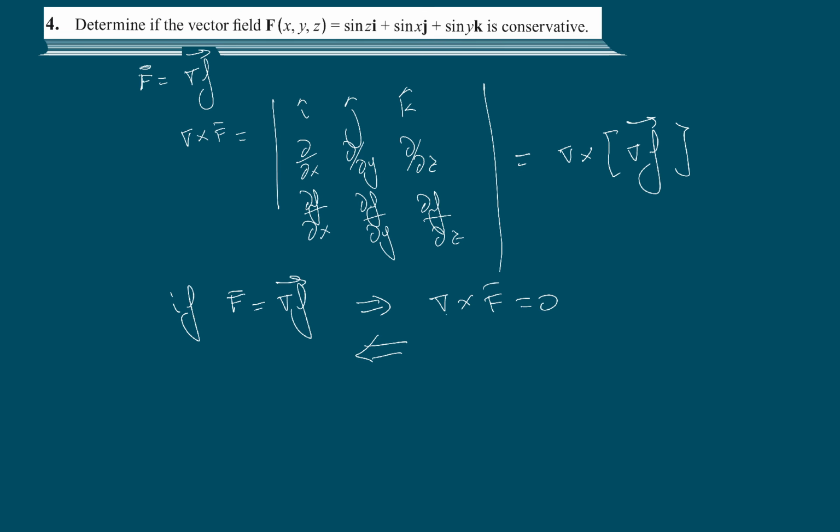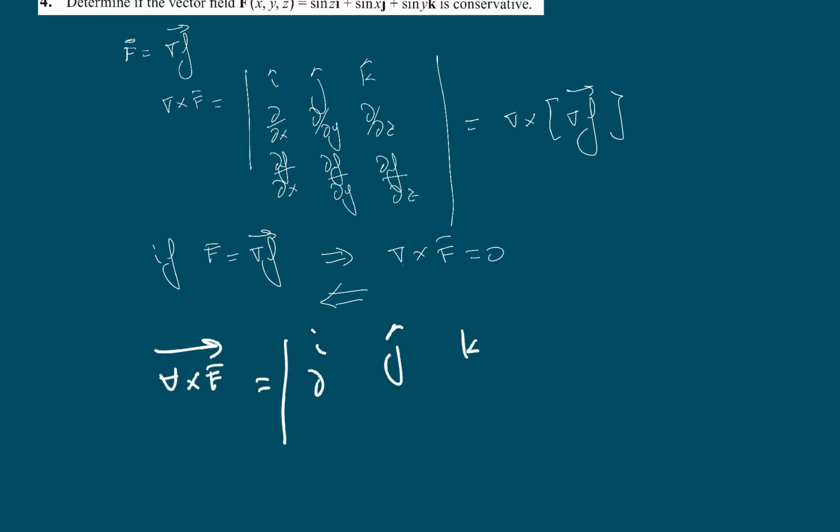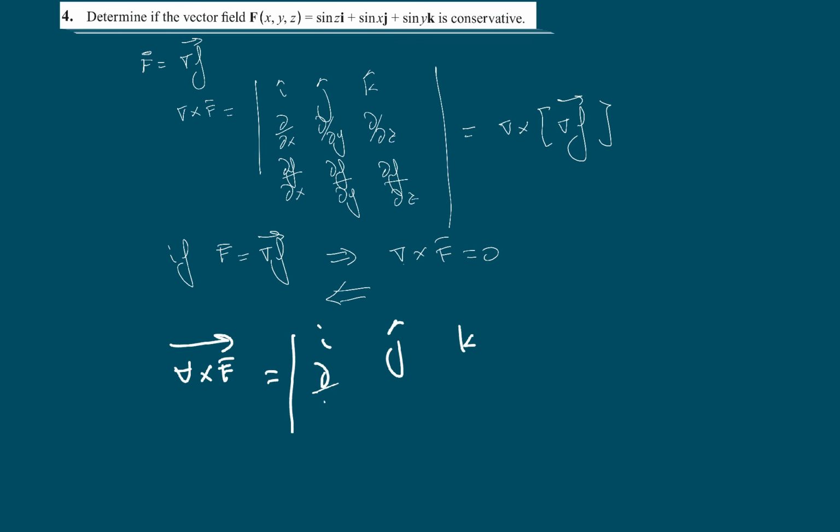So let's do it. i, j, k, so the curl of F will be a new vector field: i, j, k, partial derivative with respect to x, partial derivative with respect to y, partial derivative with respect to z, and the components of F involving sine of x and sine of y.